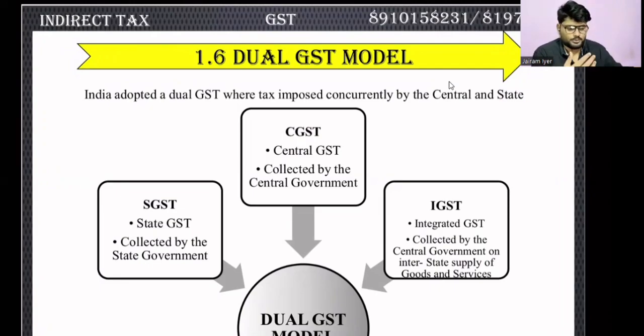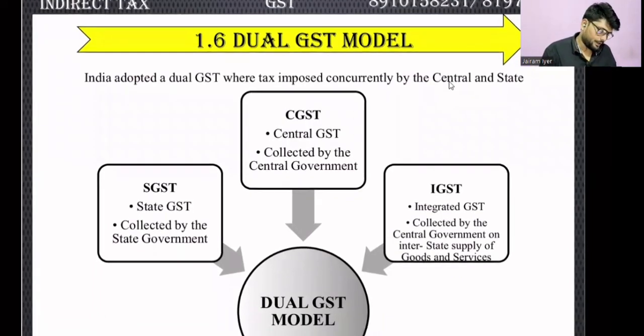So for example, for Delhi, it will be Delhi GST. We call it SGST, meaning SGST of Delhi. So the state's name is added, and in the act also, it might be possible that the section numbers have changed a bit, but whatever is written has always remained the same.